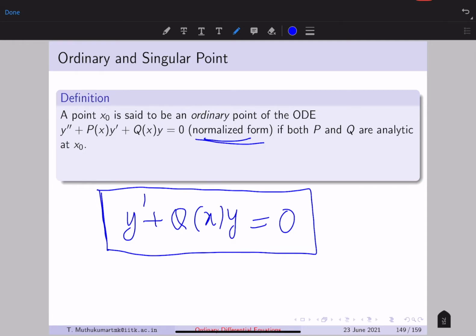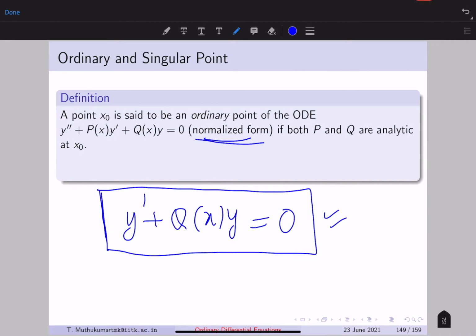But you can also solve it using the method of power series, and you will get the same expression for the general solution. So we will not explain the method for first order. Whatever we explain for second order is also applicable for first order.